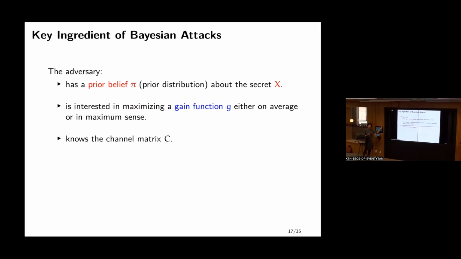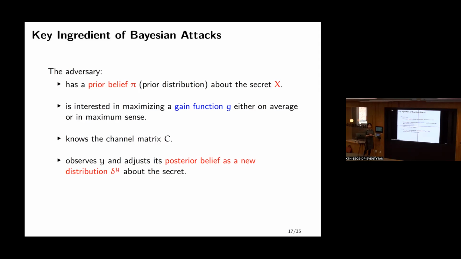It knows the channel C. The channel transition probability matrix is actually publicly available. Once you want to perturb your data, you agree on what channel is being used, so channel C is known between the parties.